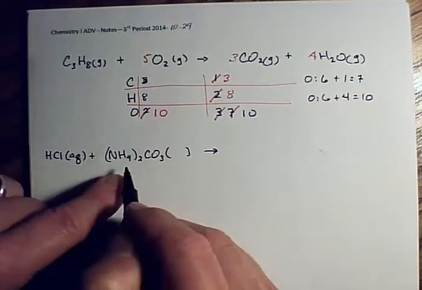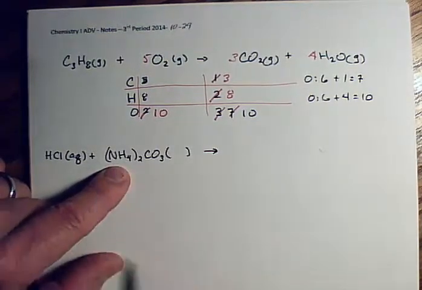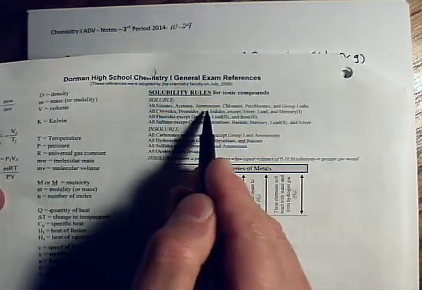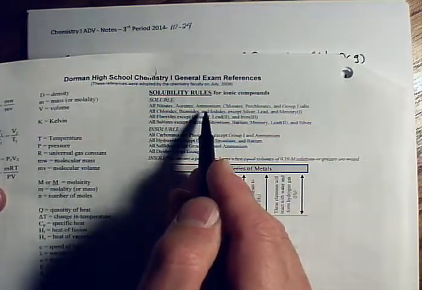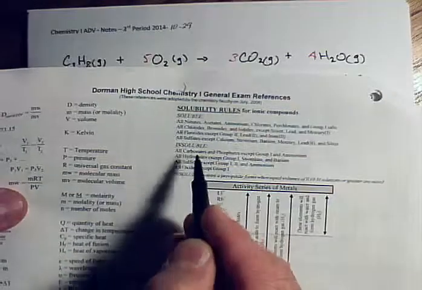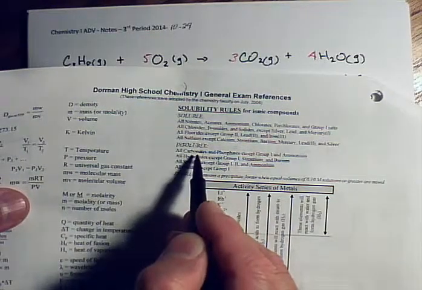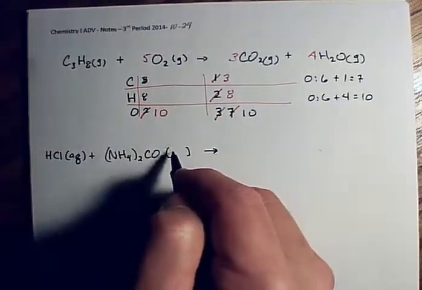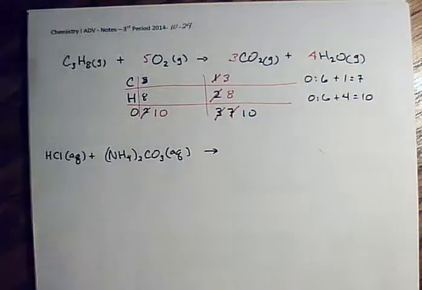So this is aqueous. Now, this is soluble for 2 different reasons. One is that ammonium compounds are always soluble, no exceptions. Carbonates, it says down here, are insoluble unless they're bonded with ammonium. So this is also aqueous for that reason.